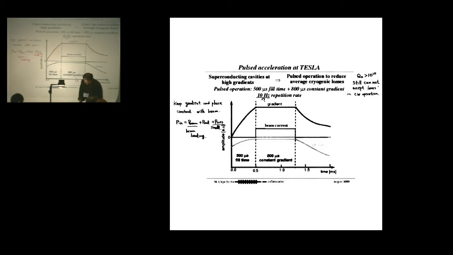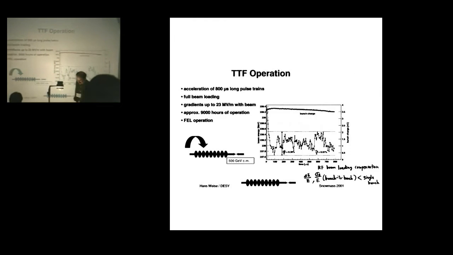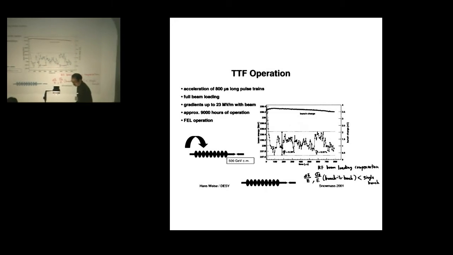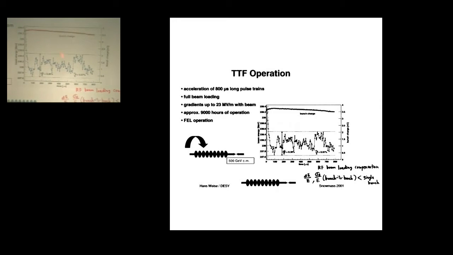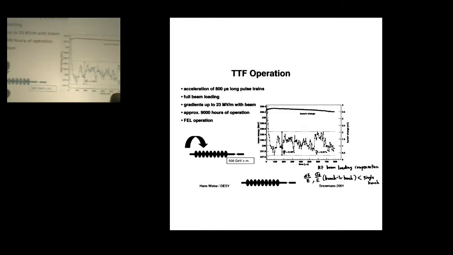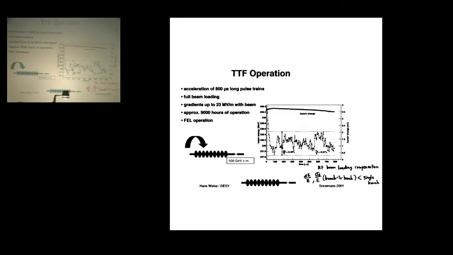They have already demonstrated the beam loading compensation by RF control. This shows the energy of the beam from 0 to 800 microseconds, and this shows the bunch charge along the long bunch train.